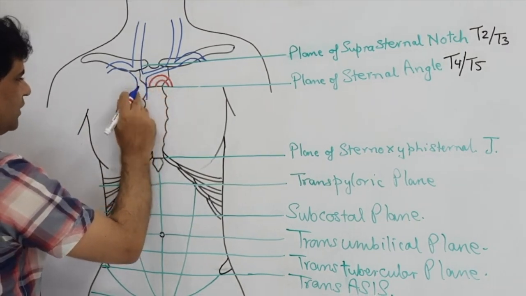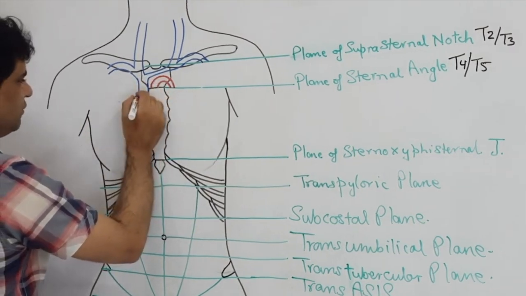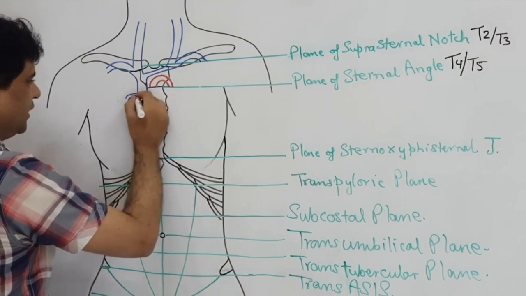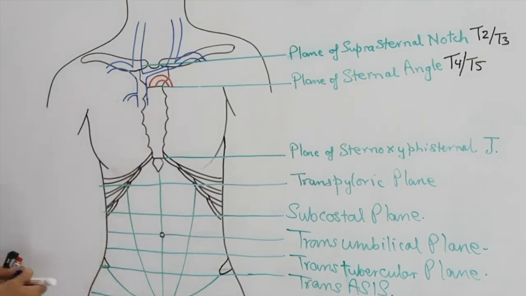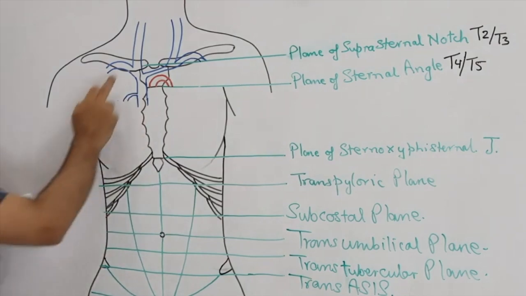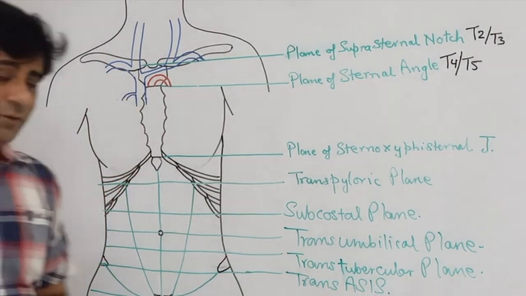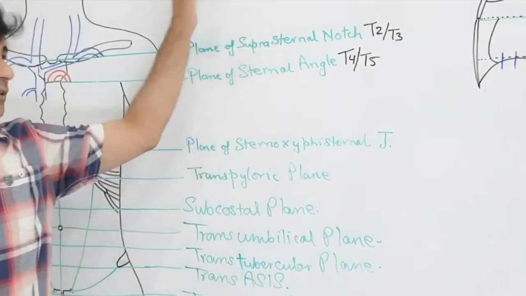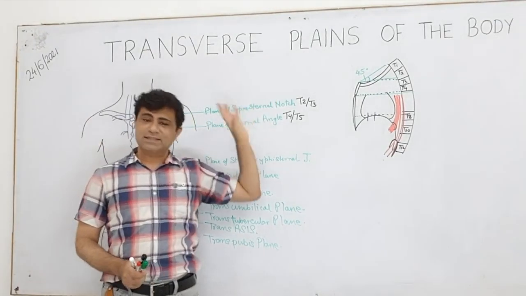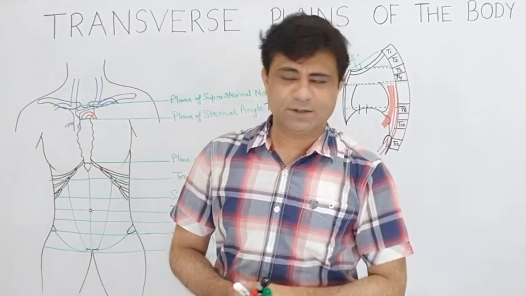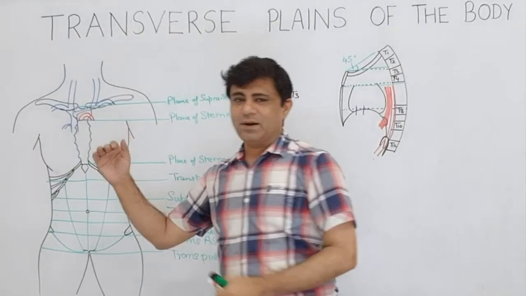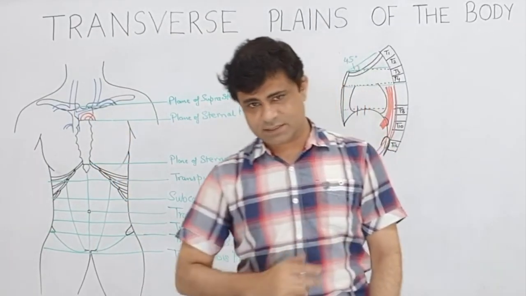And the superior vena cava will also receive a tributary, and that is called the azygos vein. So then this is the superior vena cava. I have to point out the transverse planes in this lecture, so I'm just emphasizing that you keep on noting down the vertebral levels in this lecture.